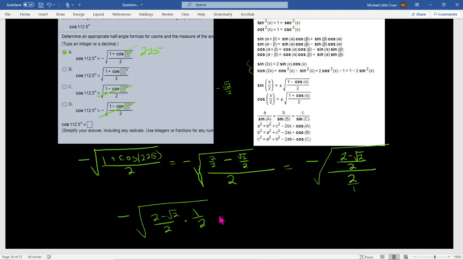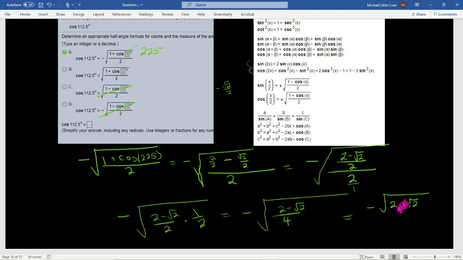So then we multiply, that's 2 minus square root of 2 over 4, 2 times 2. Square root of 4 is 2, so we can simplify it a little bit. You get just the radicals left in the top, 2 minus square root of 2.